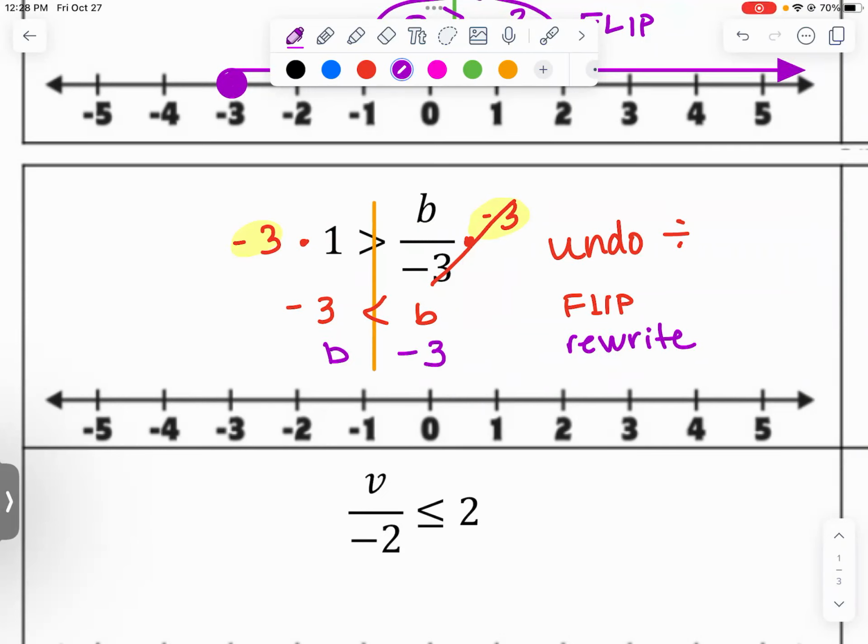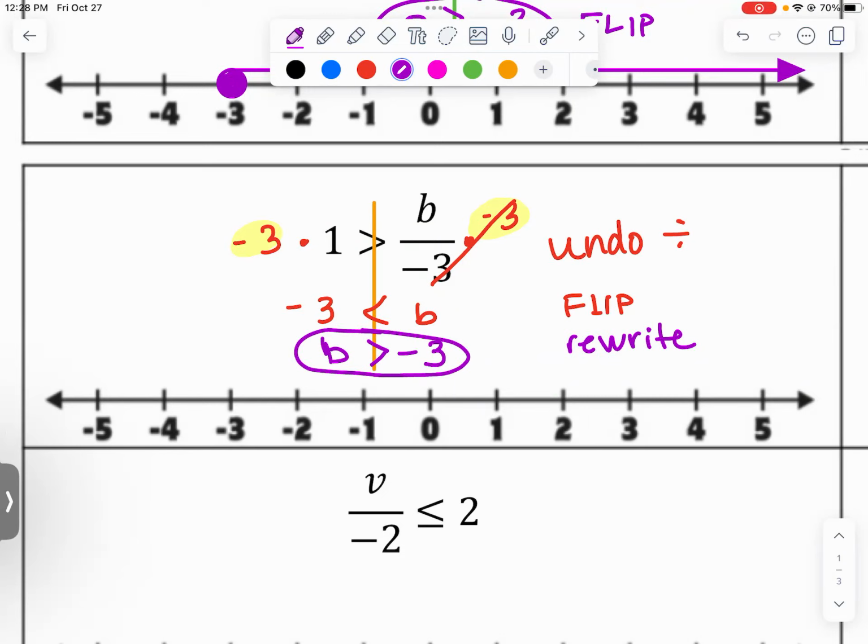And since b and -3 switch places, we need to make sure that our inequality sign is still opening towards the b. So our inequality sign has to be rewritten also. So we flip it when we multiply by the -3, but then since we're rewriting it, we have to mirror that entire inequality. So the inequality sign has to be rewritten again.